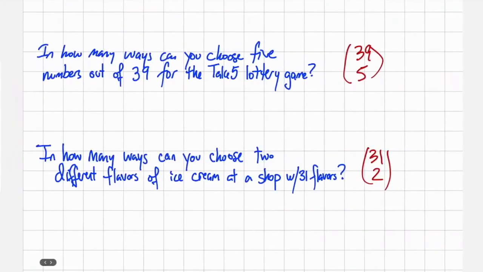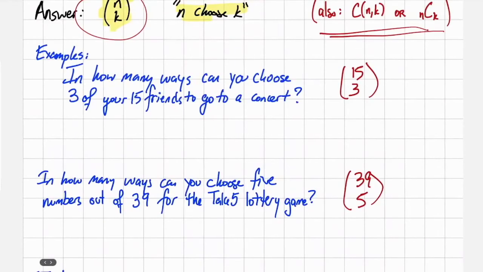Let's apply this formula to the examples on the previous page. 15 choose 3 is 15 factorial over 3 factorial times 15 minus 3 factorial, or 15 factorial divided by 3 factorial divided by 12 factorial.